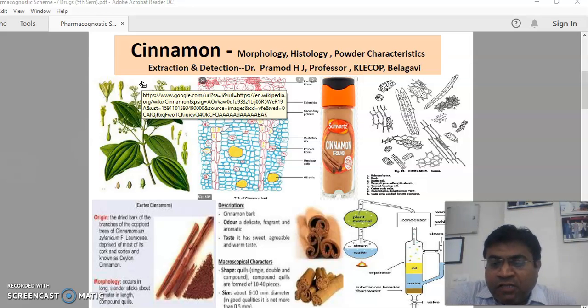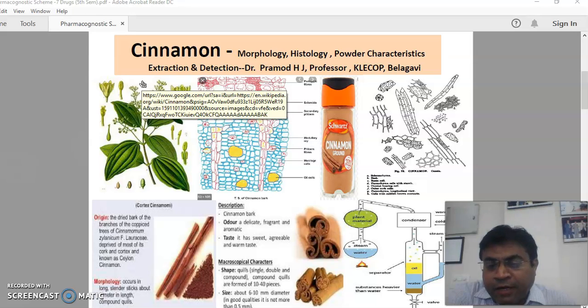This particular cinnamon is used not only in pharmaceuticals, but also in food and other beverages. It is used as a very good flavoring agent. Nowadays, freeze-dried foods are available, and in those also it is used as a flavoring, as a spicing agent.